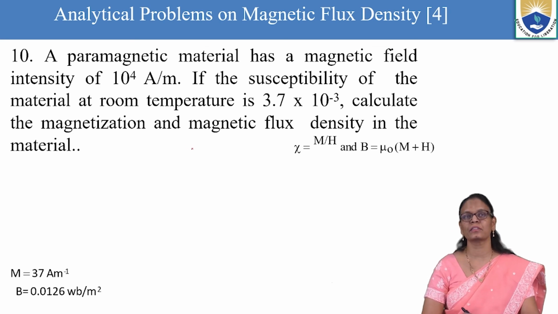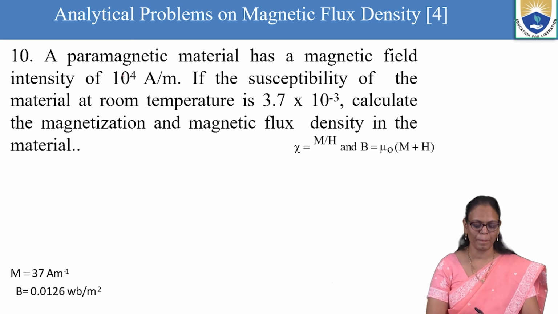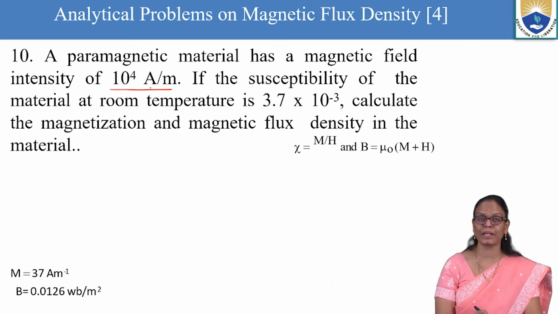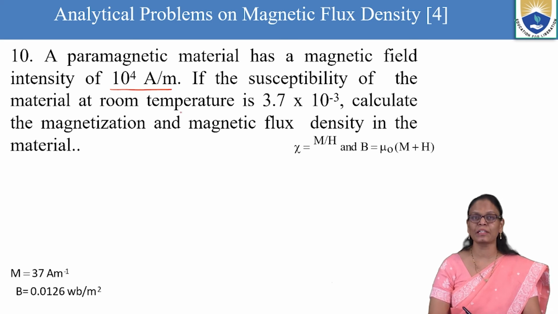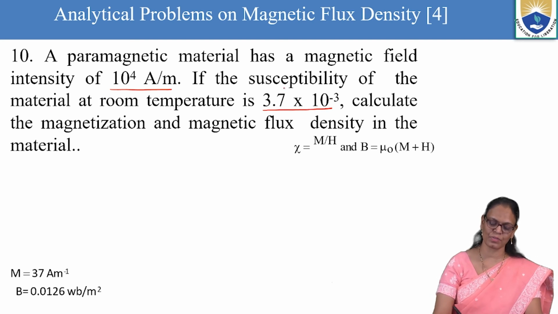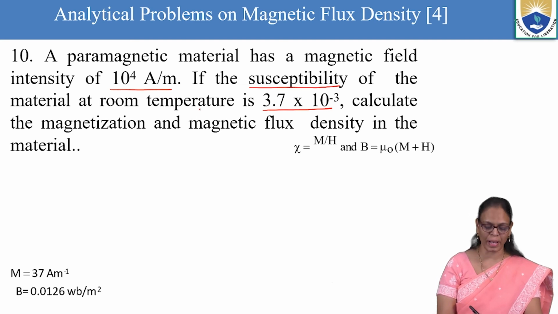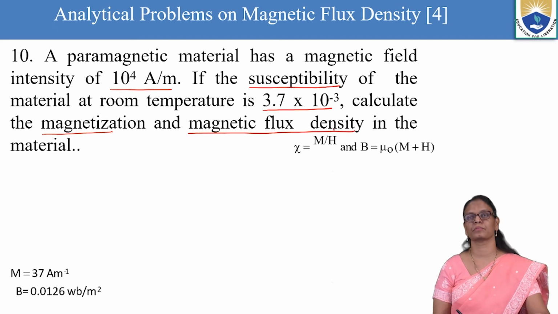Now coming to the 10th numerical. A paramagnetic material has a magnetic field of intensity 10 power 4 ampere per meter. If the susceptibility of the material at room temperature is 3.7 into 10 power minus 3, we have to calculate the magnetization and the magnetic flux density.